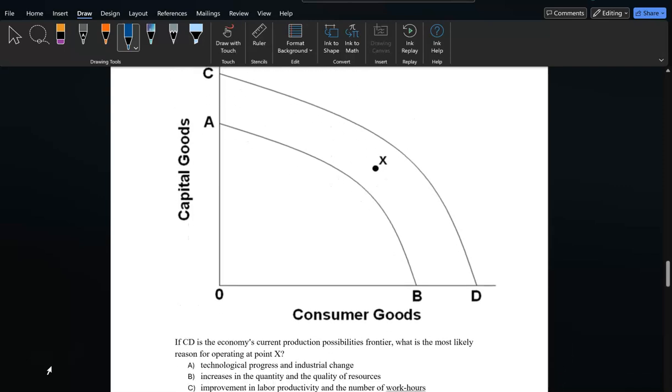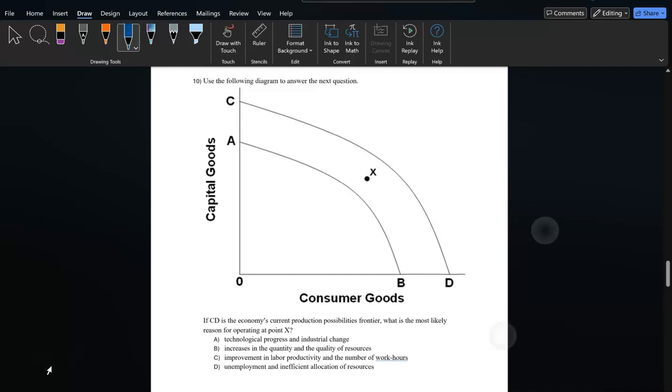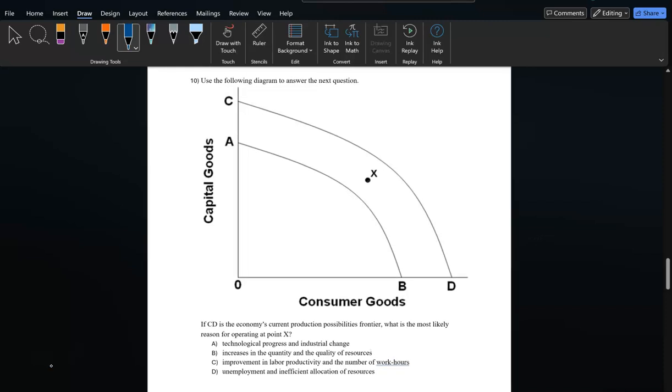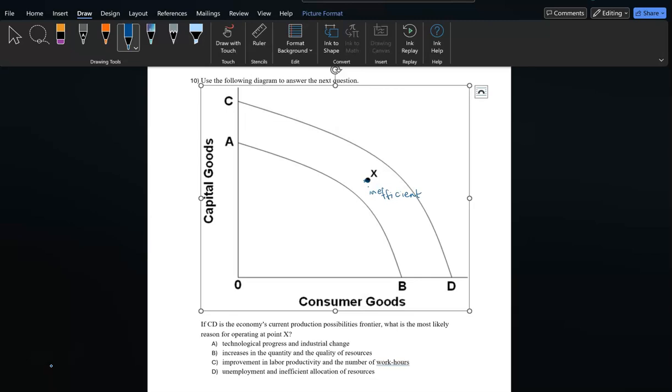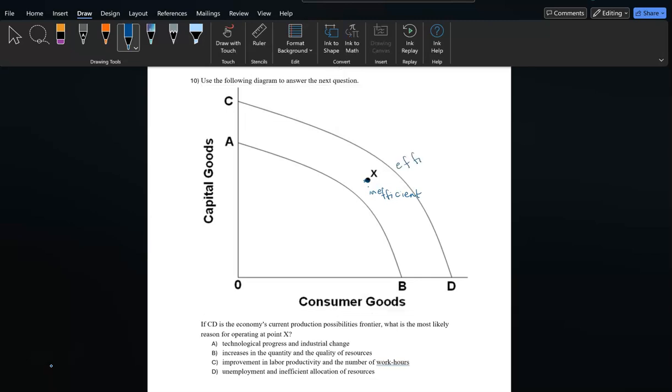Now, question number 10. Anything inside the PPF is inefficient. Anything on the PPF is efficient, because we can do better by moving from a point inside to a point on the production possibility frontier.